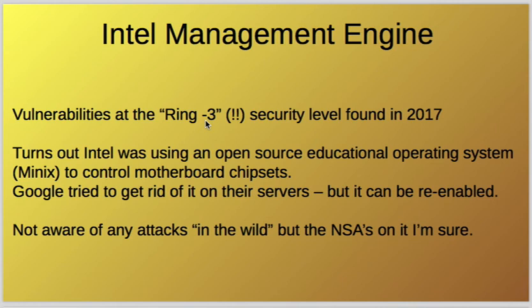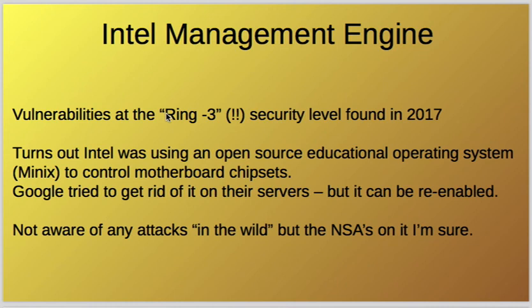Then you had virtualization, and you needed ring -1, and that was even more secure than operating system code. So that it was like one level below operating systems, and that's why it was called hypervisors. So we'll see more about that later. But these vulnerabilities were called ring -3.